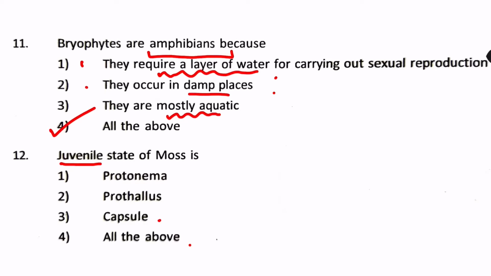It starts with protonema from the spores. When the spores disperse, they fall on the ground, and the first thing they generate is a protonema. But what is prothallus? Prothallus is actually the fern's gametophytic generation. Capsule is actually a part of the sporophytic structure in moss, and obviously the answer can't be all of the above. The answer is 1, protonema.